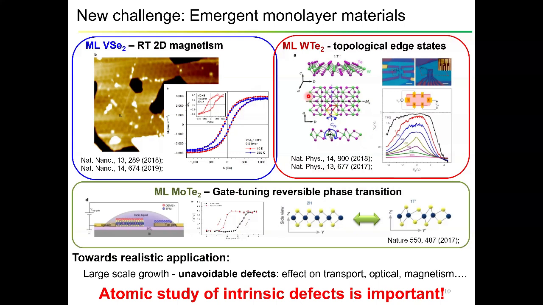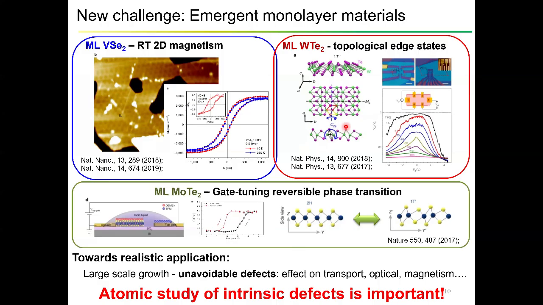Many examples are emerging in the condensed matter physics area, like monolayer vanadium dicyanide, a room temperature 2D magnetic system, and topological insulators like monolayer tungsten ditelluride. They are all low-dimensional quantum materials that maintain a lot of novel quantum phenomena, so investigating their atomic structure is really important.